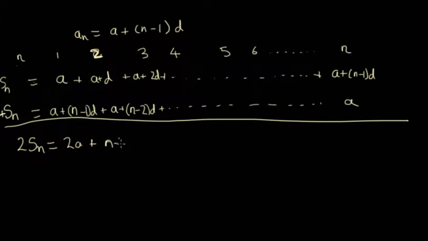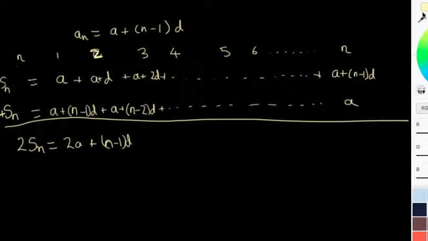n minus 1 d. I'm going to change colour so we can see what we add each time. Here we've added this bit.